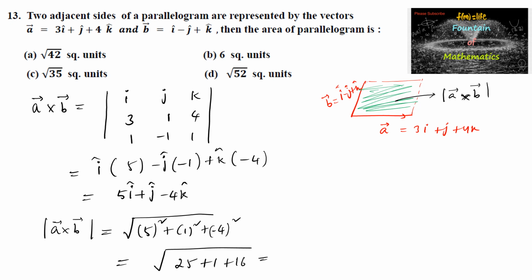So we can write here root of 42 square units is the answer, which is option A. So we can go with option A.